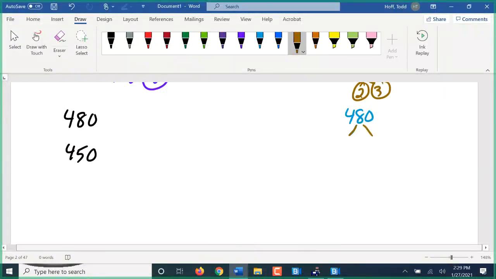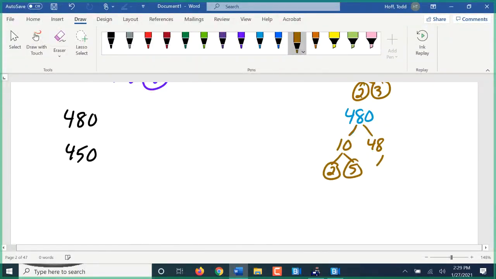So 480, of course, it ends in a 0, so I can divide by 10. Let's go with the bigger numbers first to make it easier. If we divide by 10, what's left? 48, good. Can 10 be divided? Yes, by 2. What's left? 5.